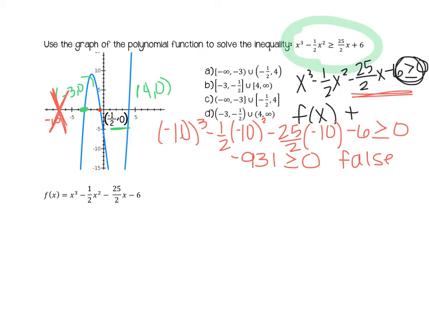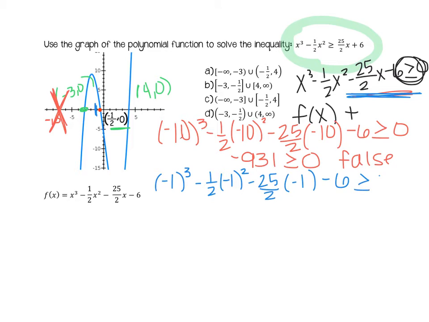Now I'm going to check my next possible answer, and I'm going to use negative 1 because it lies right here. So I've got negative 1 raised to the third power minus 1/2 times negative 1 squared, minus 25 over 2 times negative 1 minus 6 is greater than or equal to 0.